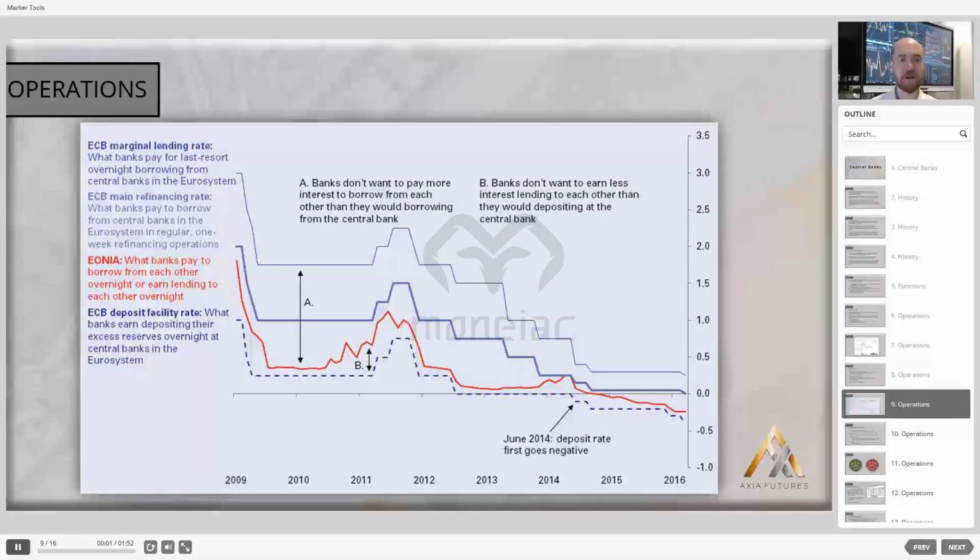So we'll move on, and here we go. Here's a nice illustration of that rate corridor. What we've got here is the ECB marginal lending rate, the highest rate. You've then got the main refinancing rate and the deposit rate. The red line is the EONIA rate. This is the rate that banks will actually charge each other to lend between each other.